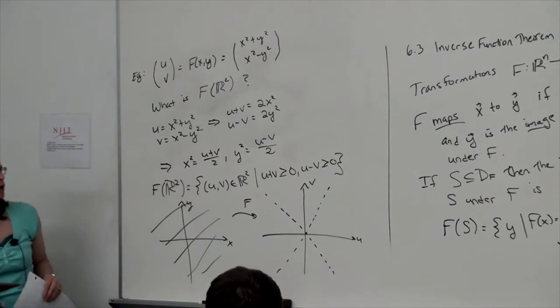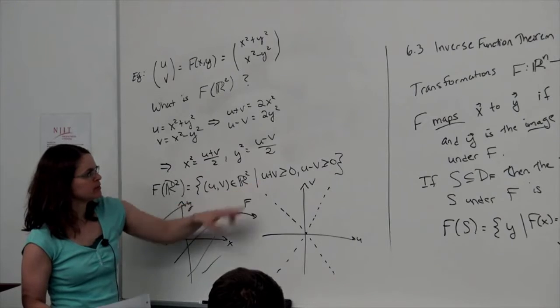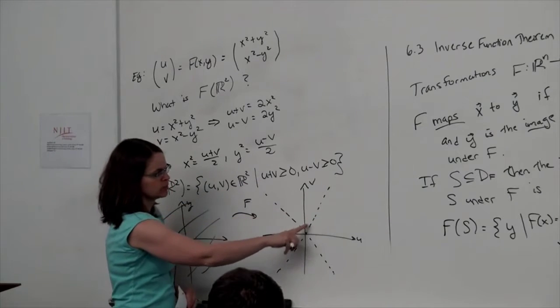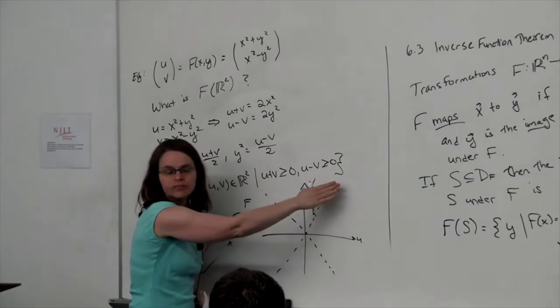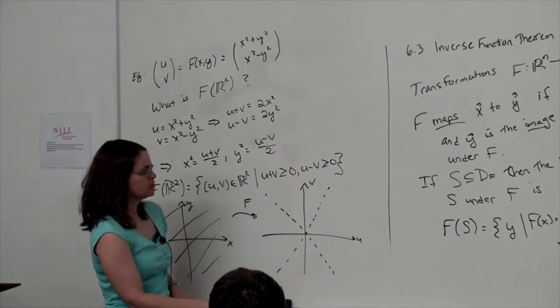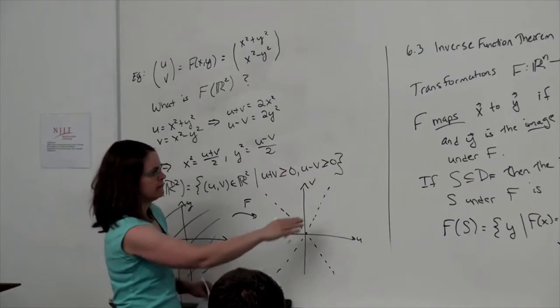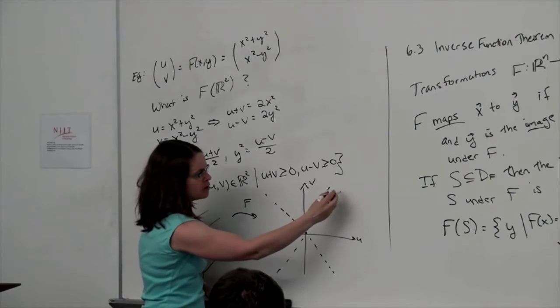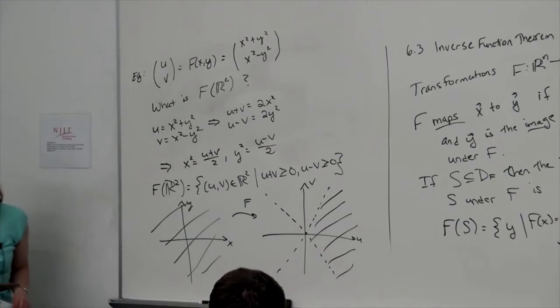And what are we requiring? We're requiring that u is bigger than or equal to minus v. So here's u equals minus v. We need to be on this side of it, where u is bigger. And then we also need u to be bigger than v. Here's the line u equals v. We need to be on this side of it, where u is bigger. So we're going to get everything in this area as our image.